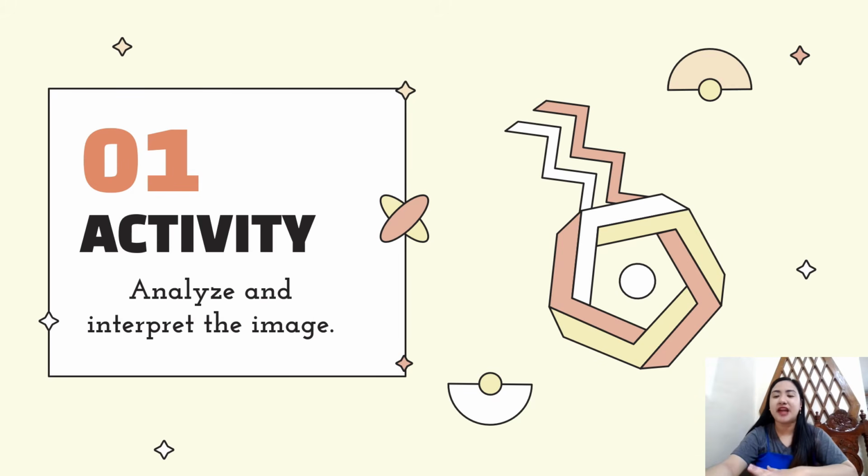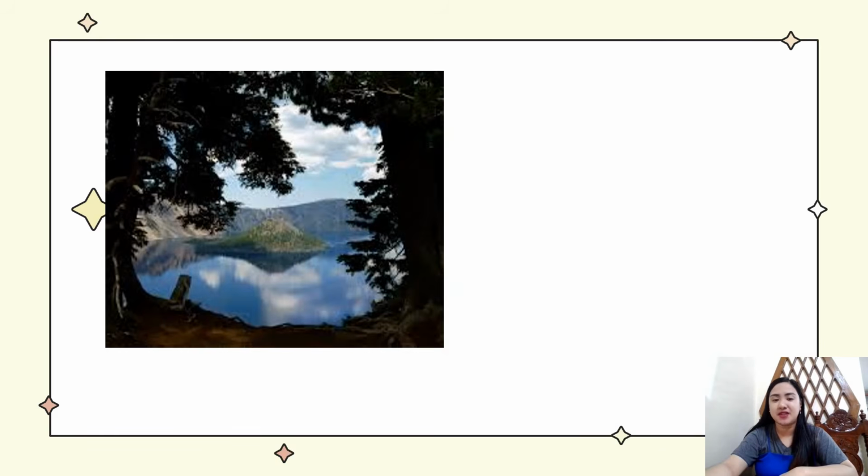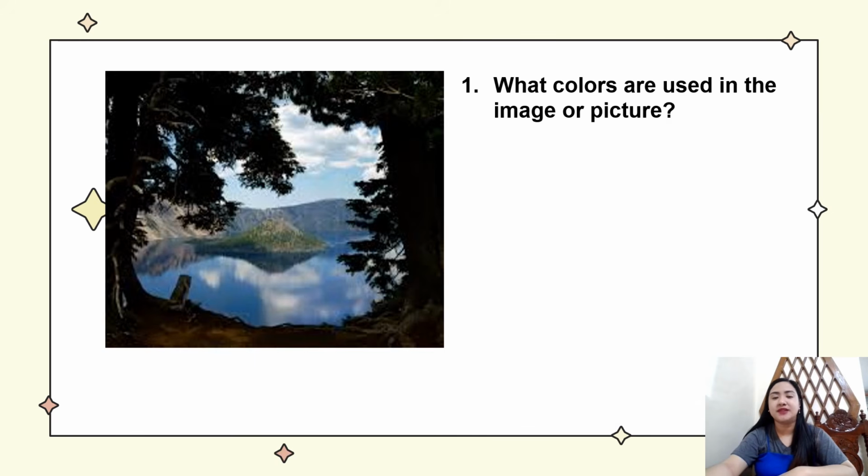So now that I have discussed with you the different visual elements, let's have an activity. Analyze and interpret the image. So I have here an image. Analyze it. And I have some questions. Number 1. What colors are used in the image or picture?